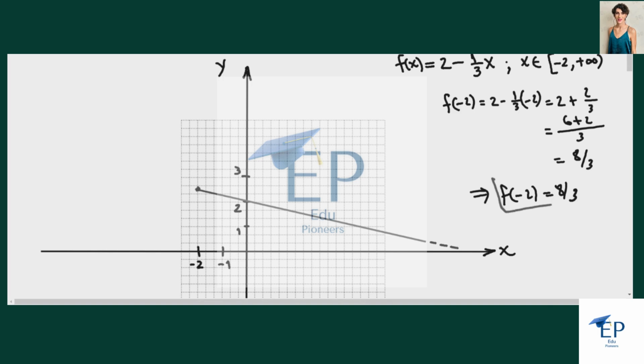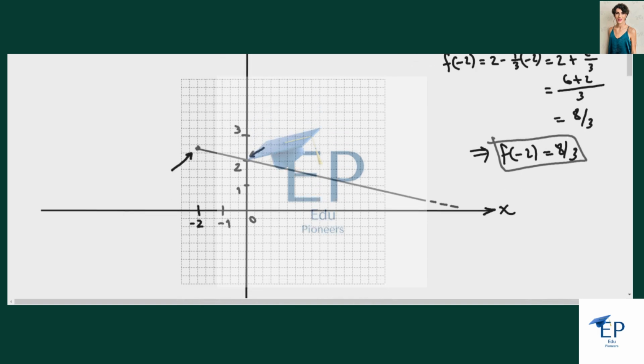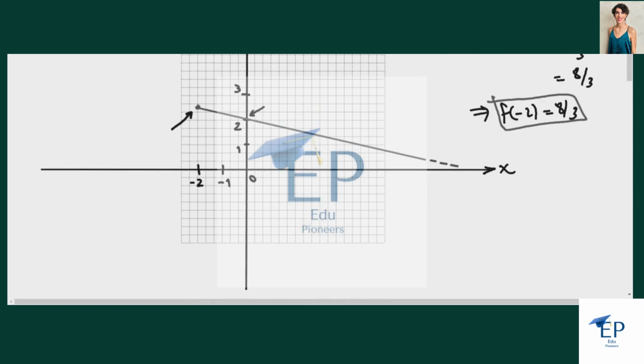And the other point we can use is for x equals 0, we get 2. So at 0, the image is 2, here. And this is the image of -2, which we draw with a filled red circle. And then the function decreases all the time to the right without any bound.